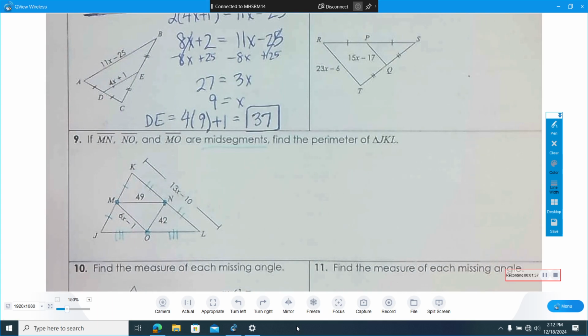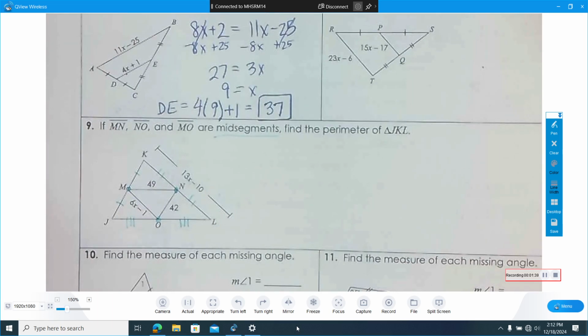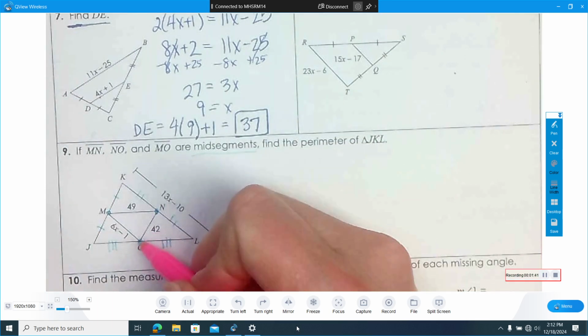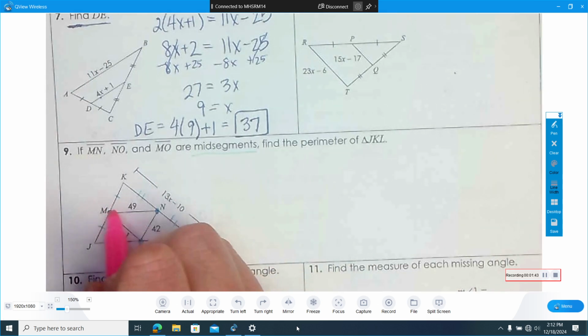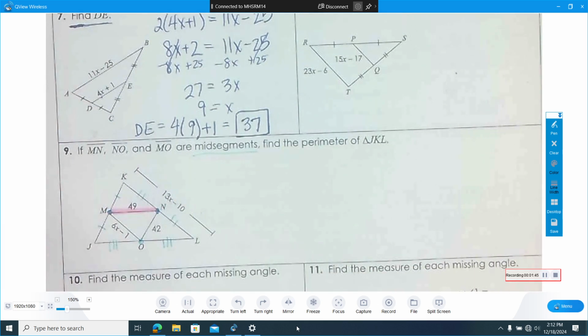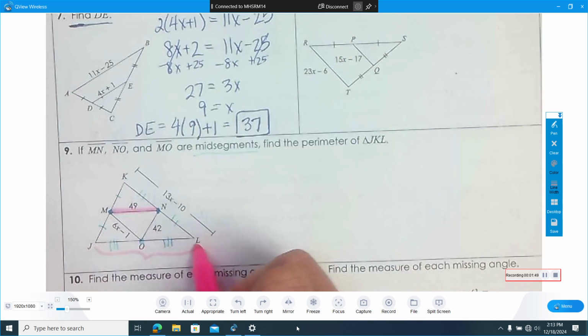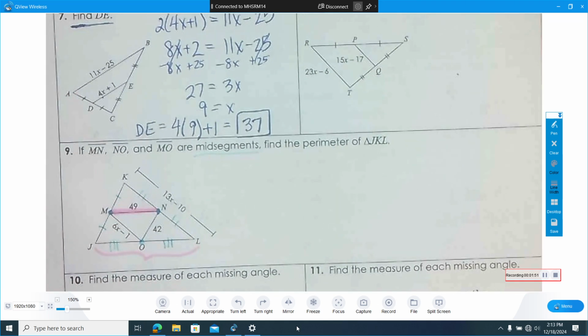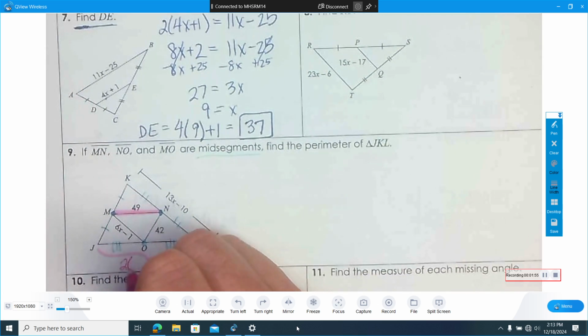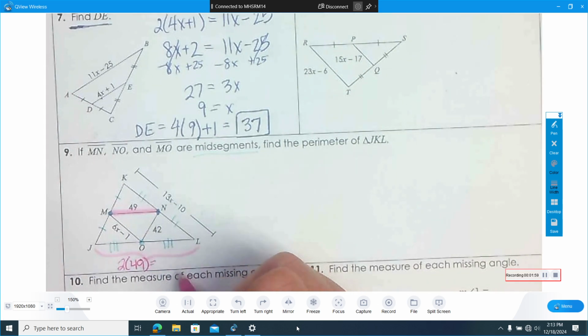Okay, now the nice thing is that if I have this segment MN is a length of 49, how long is JL? 2 times 49, very good, it's double. That long side is double its midsegment.